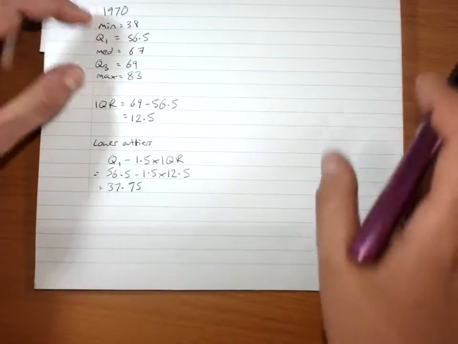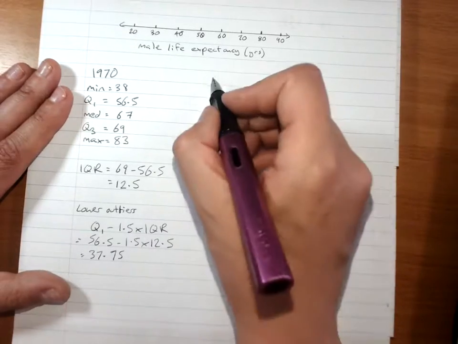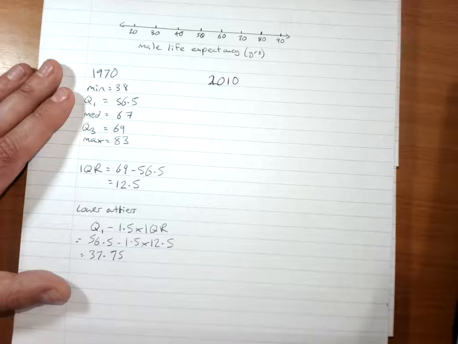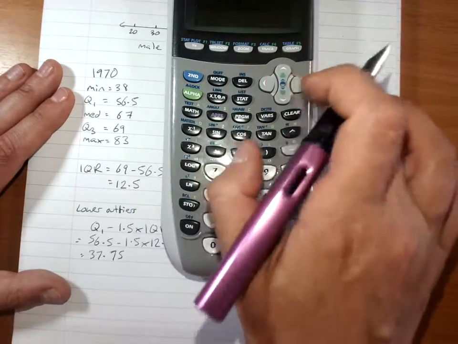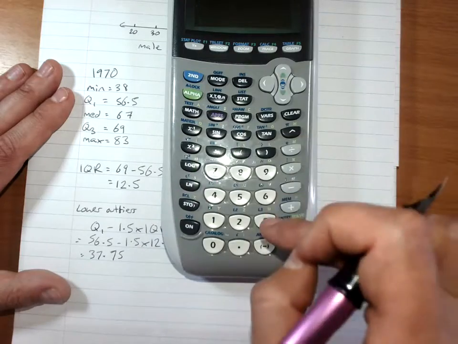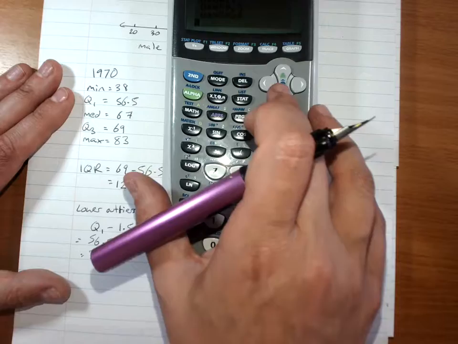So you remember to check for your outliers. I'm not going to do the rest of the check, this is just a reminder for you. Then 2010, I've left that, still one variable stats, I left it in L3. So I choose L3, get my 5-figure summary.